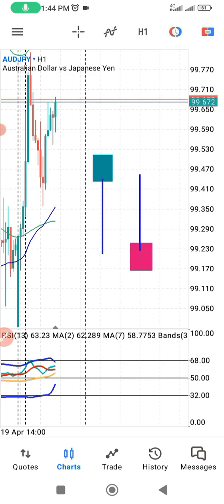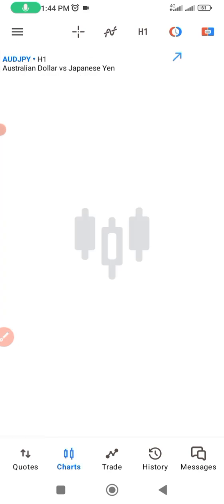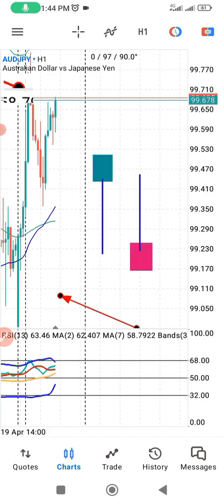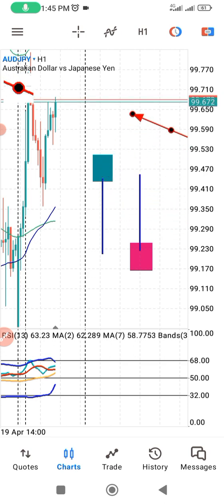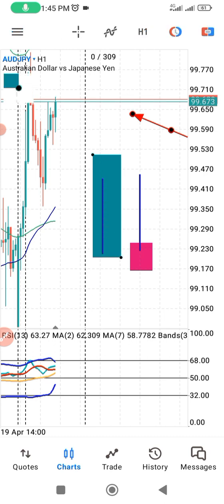Now, regardless of the color of the candle, it is not important. Either it is green or it is red, the most important thing is your ability to identify this candlestick. What it means is that there was a time when price had been down here, bearish.